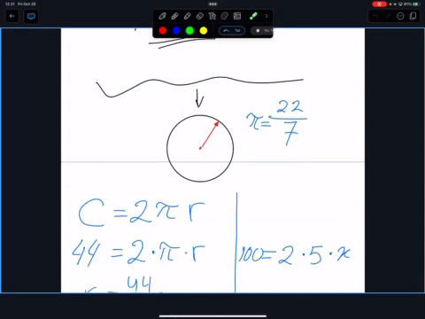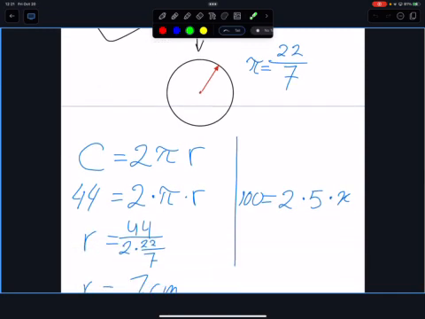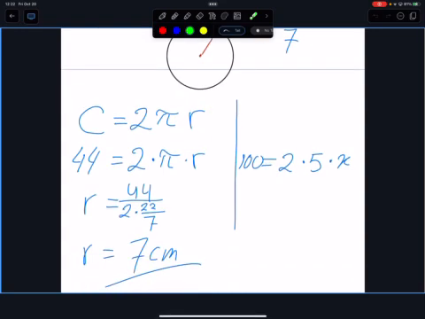So the circumference of this circle is what? 44. And the formula for the circumference of the circle is 2 pi radius. They would like to know the radius. So my equation would become 44 equals 2 multiplied by pi multiplied by r.